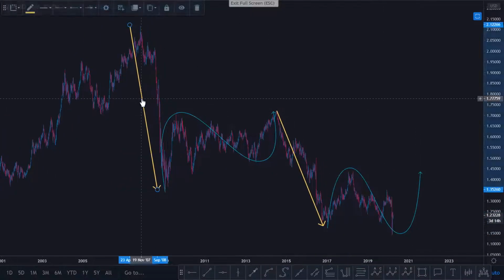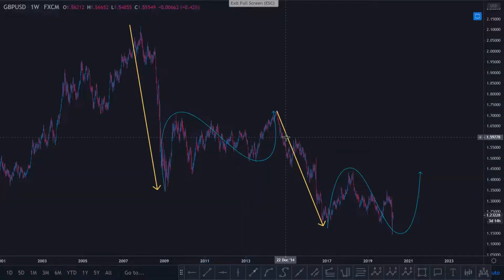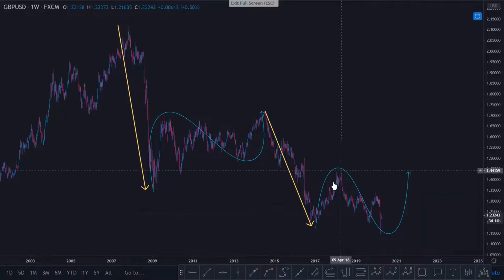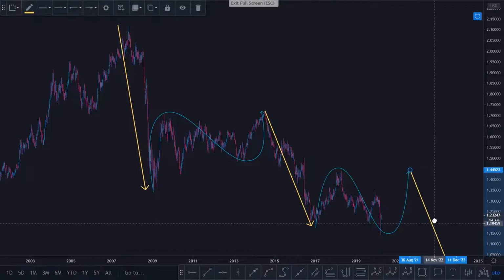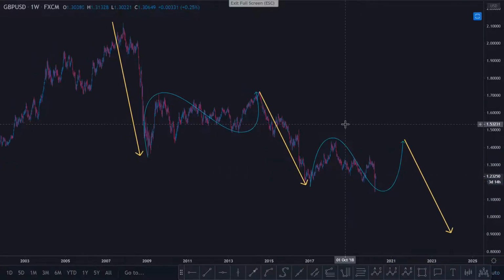So every impulse is followed by a correction, and every correction is followed by an impulse. And we know, because we have corrective price action, what's to follow once this correction is complete is further downside for the pound dollar.